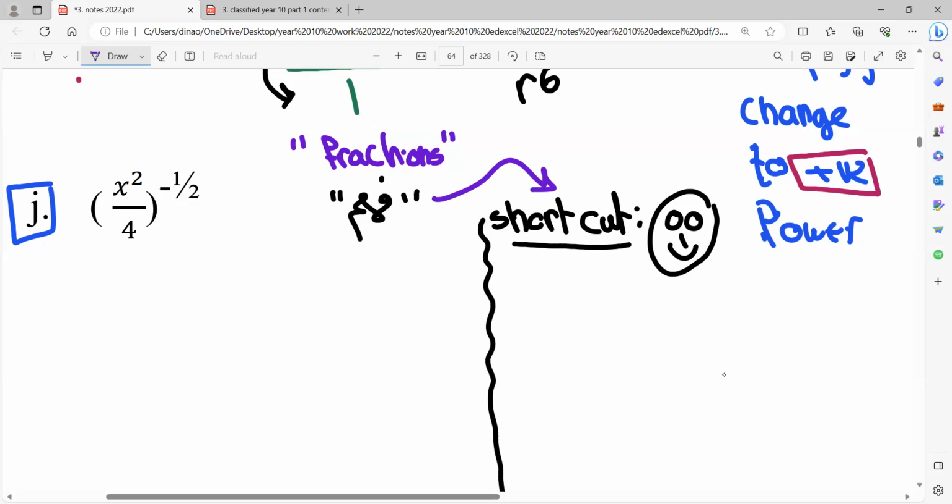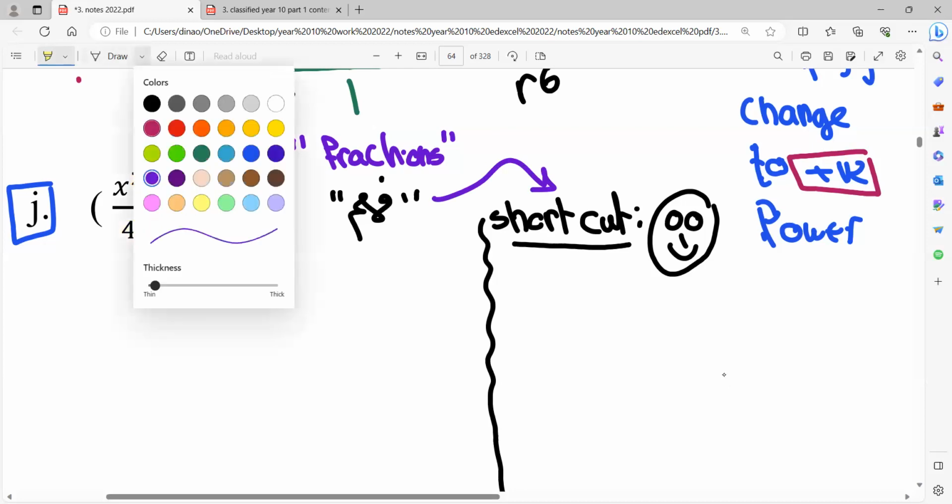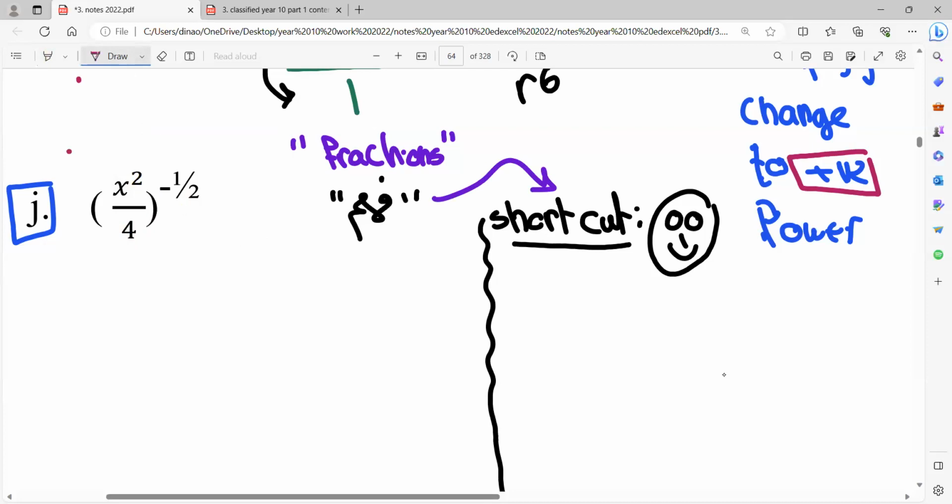In this question, we have brackets and a power outside the bracket. If you remember, when dealing with fractions, you multiply the power outside with the powers inside, as we did in the earlier example.